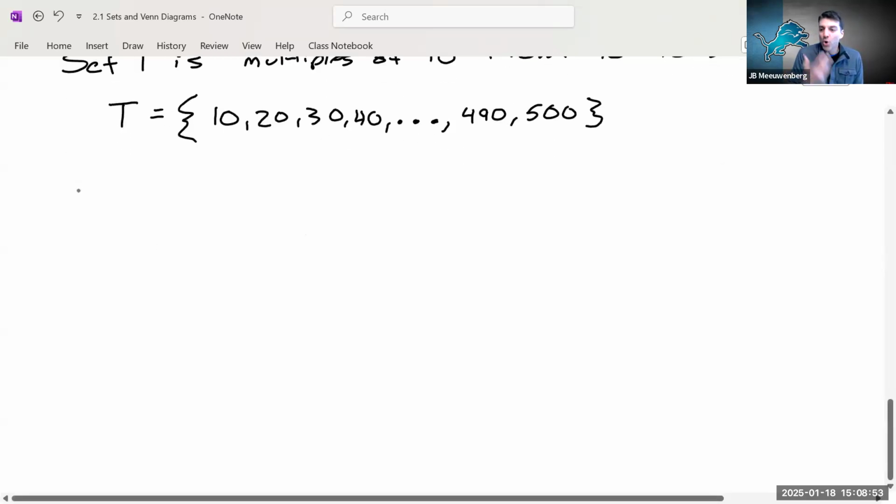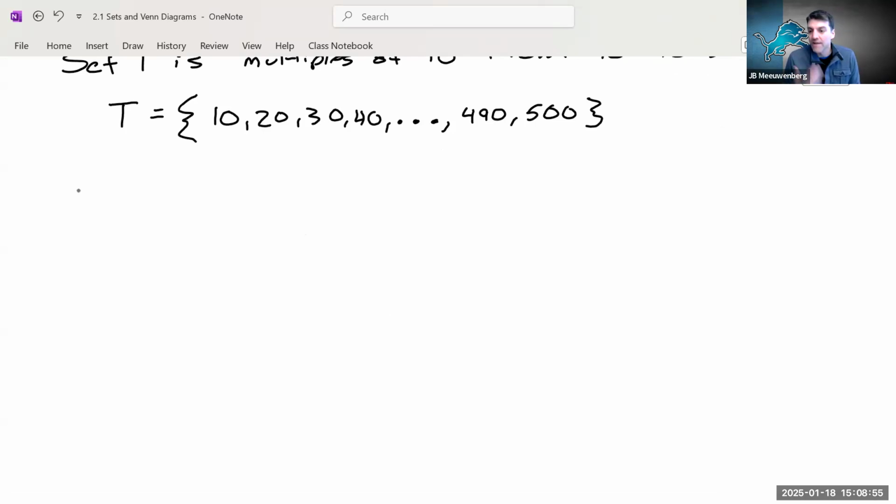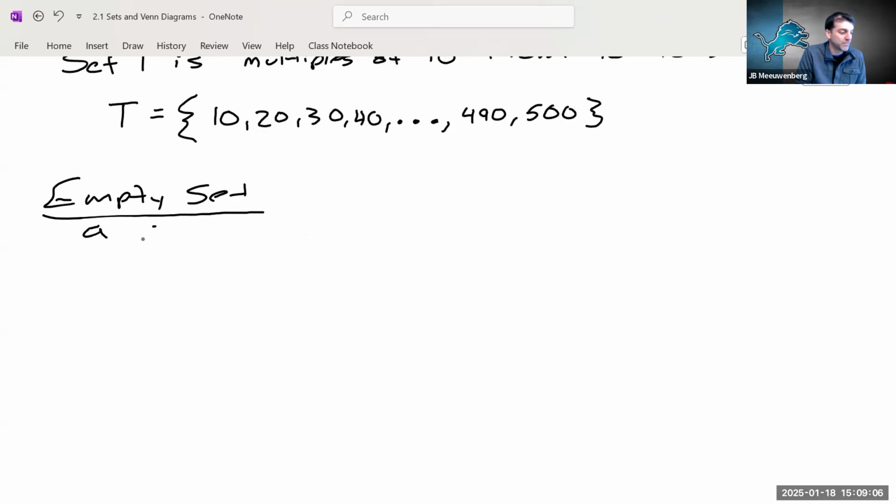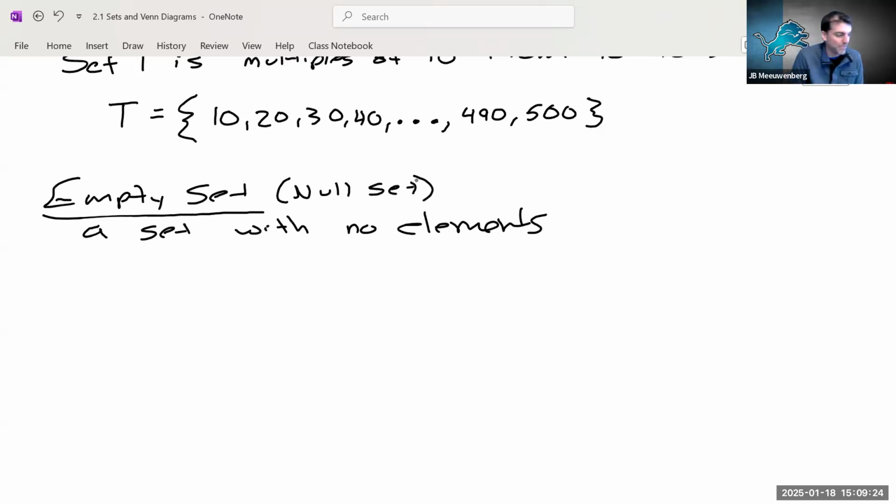Some sets have no elements in them. So this is called an empty set. So the empty set is a set with no elements. A set with no elements. So to give you a couple examples of that, one other thing, sometimes it can be referred to as the null set. So if you hear null set, that's the same thing as empty set.